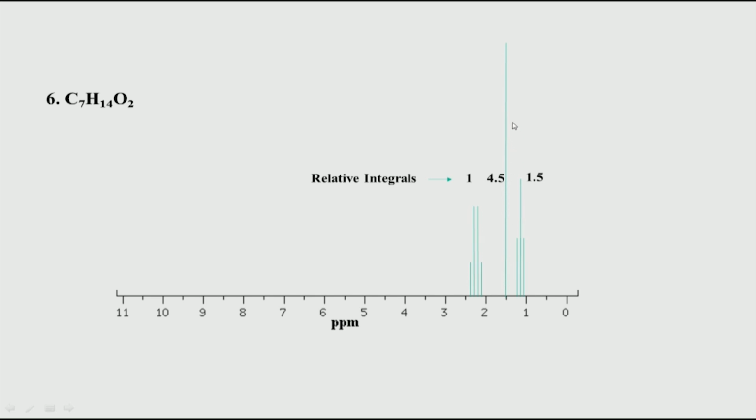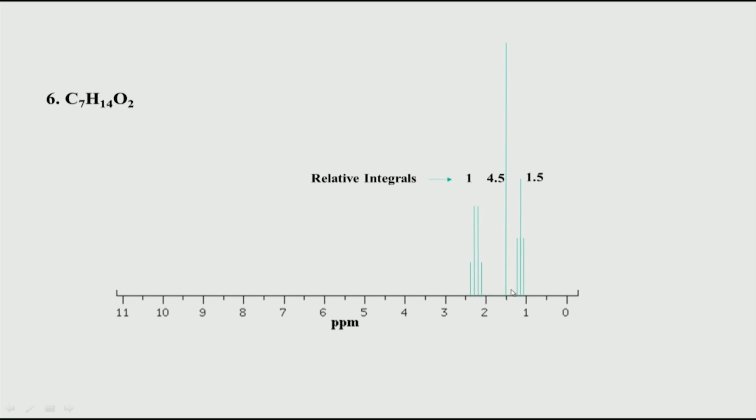So, these 9 protons have to be 3 methyl groups, because CH3, CH3, CH3 only then you get 9, and it looks like all these 9 protons are chemically equivalent. Therefore, they are all coming at the same place, with the same chemical shift value, and they seem to be a singlet, which means they are not coupled to any hydrogens. If they were coupled to any other hydrogen, you would expect to see multiplets.